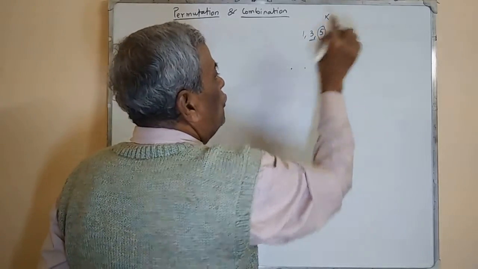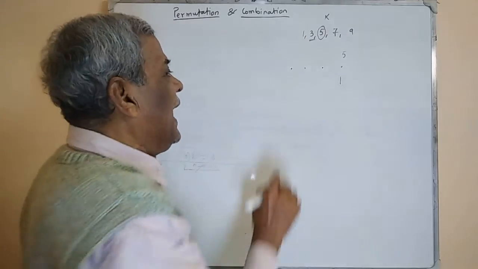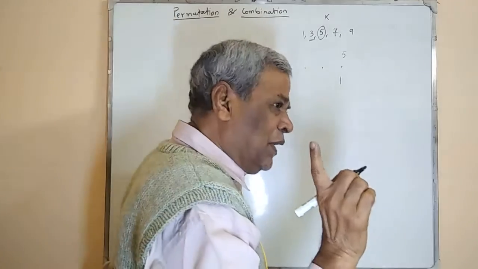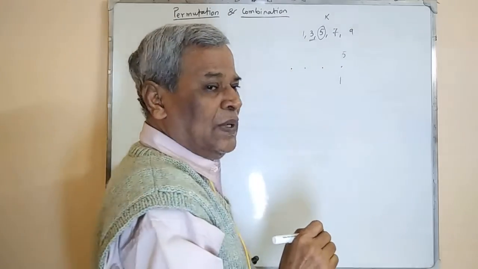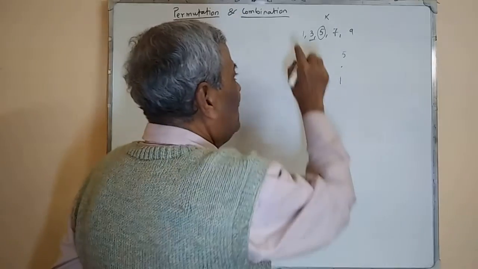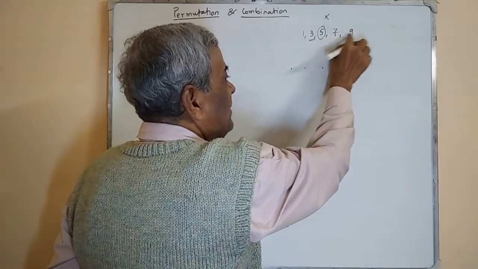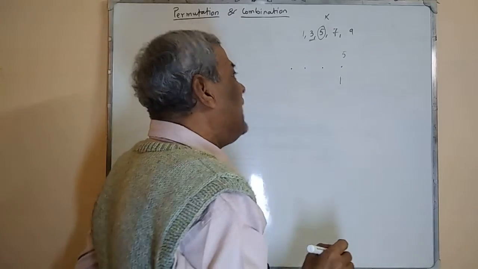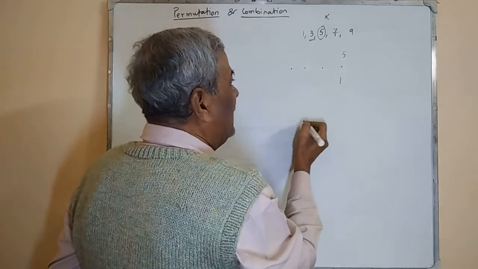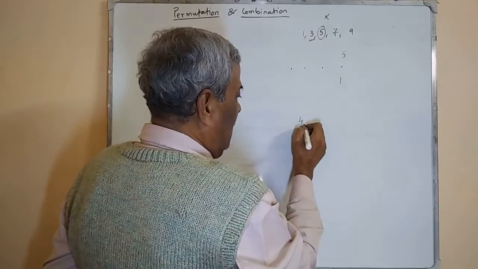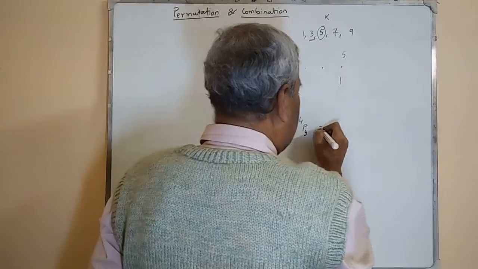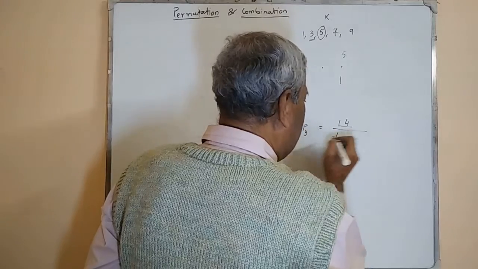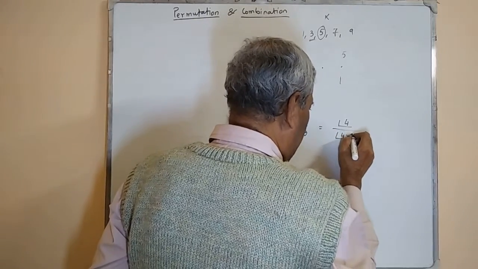So 1, 3, 7, 9, four digits are left and three positions are left. It is a problem of permutation, formation of a number. From 1, 3, 7 and 9, we have to choose 3 at a time. This can be filled up by 4P3, that is factorial 4 by factorial 4 minus 3, that is factorial 1.